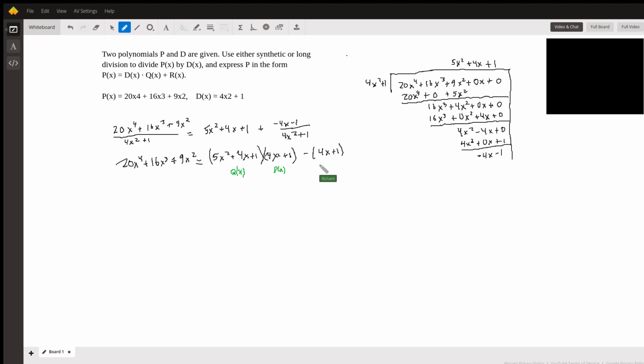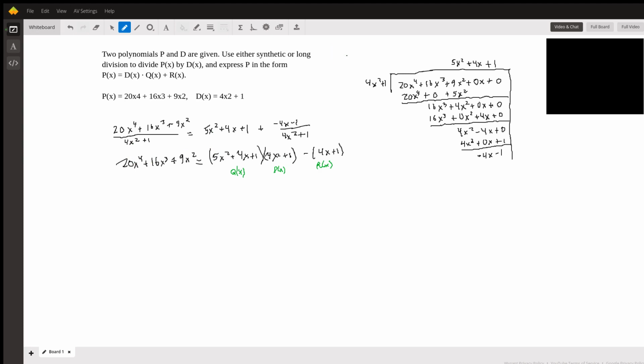And this is our remainder, r of x. Most people like to write it this way, but if you multiply both sides by the denominator, 4x squared plus 1, you get this multiplied by 4x squared plus 1, and the 4x squared plus 1 disappears from here and here.